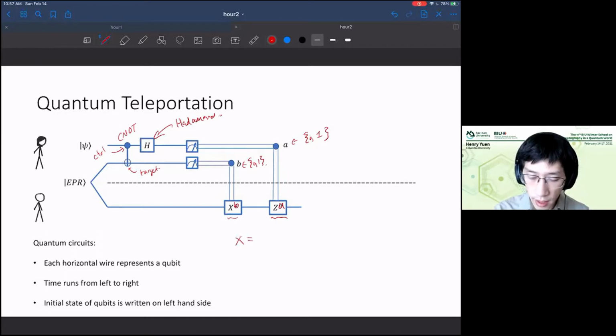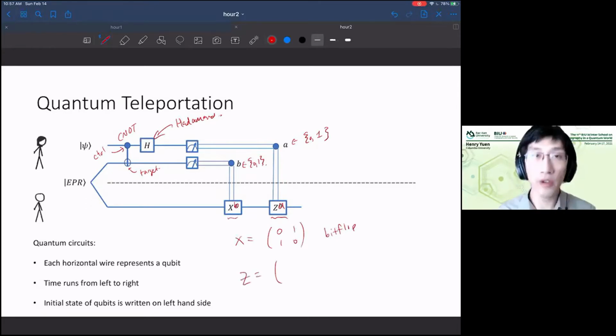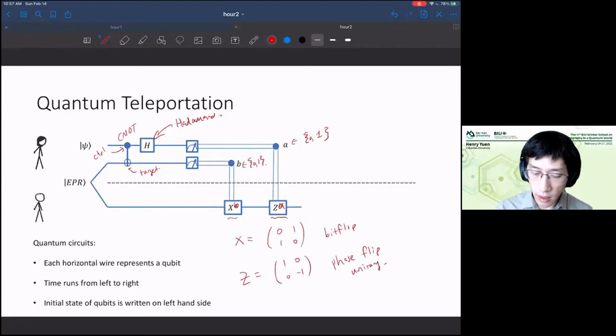X is the bit flip unitary, which we saw before. Z is another unitary. It looks like this. It's called the phase flip unitary. Basically the exponents A and B mean whether to apply the unitaries or not.